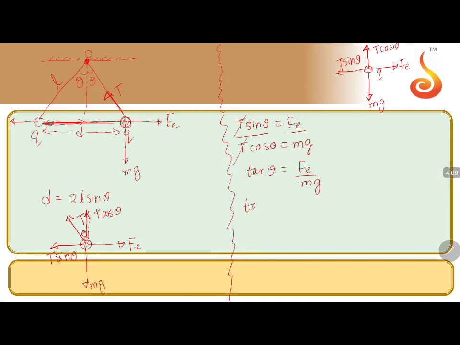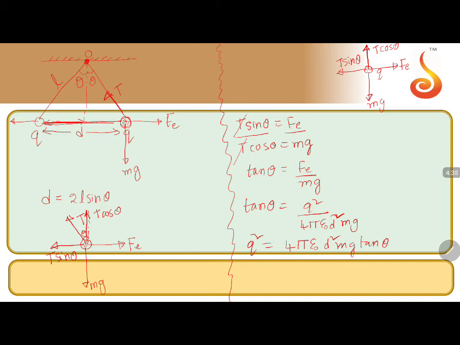So tan theta will be equal to q square divided by 4 pi epsilon naught d square mg, where the separation is d. Now q square will be equal to 4 pi epsilon naught d square mg tan theta.